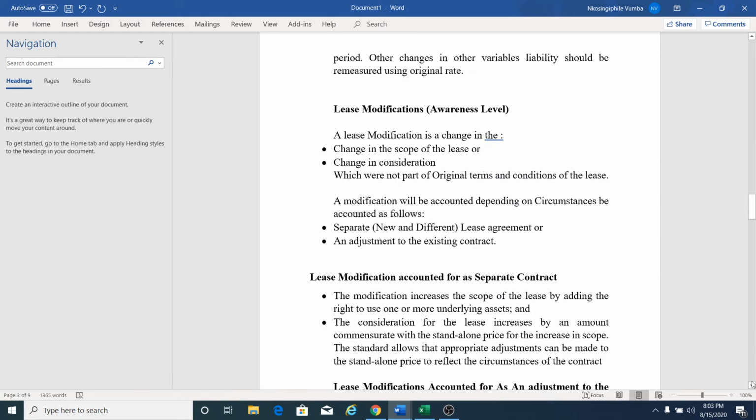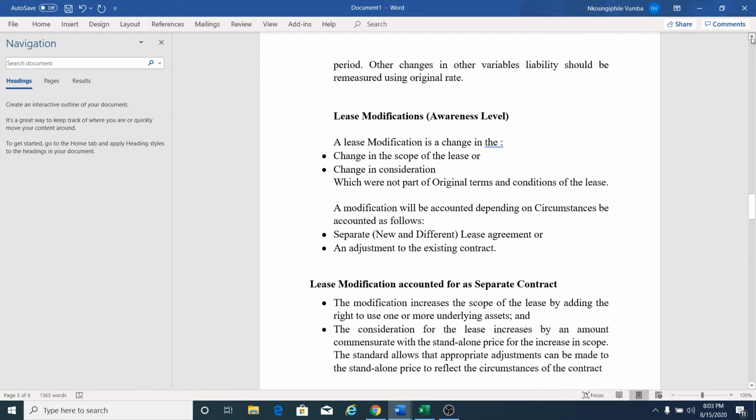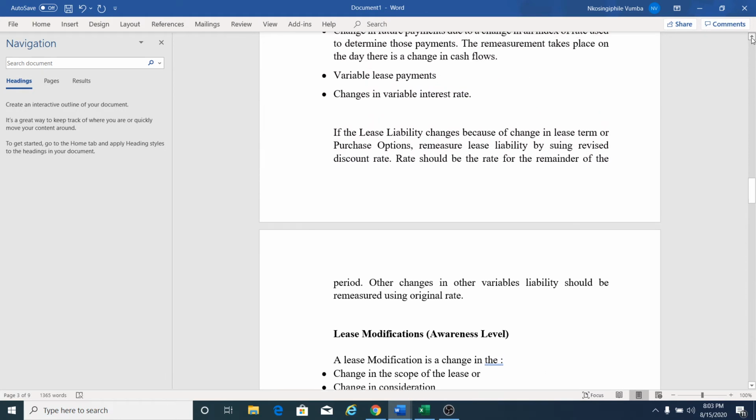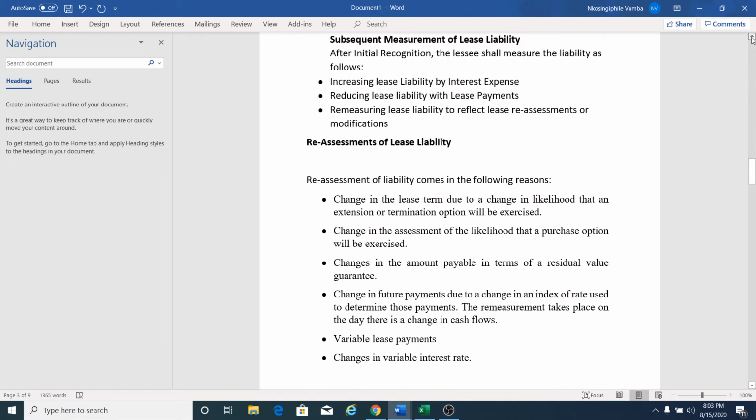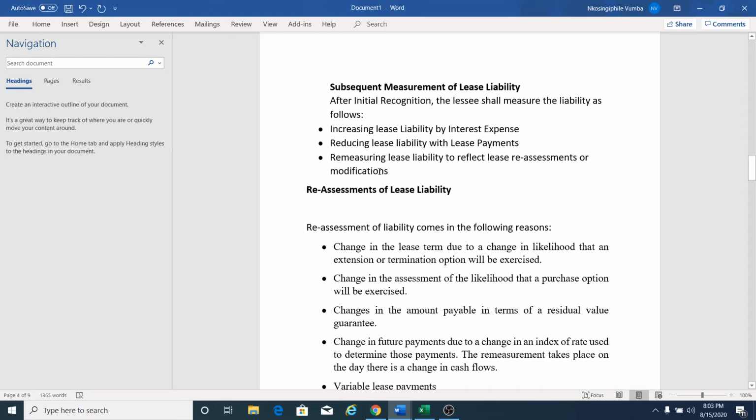Now let's talk about the subsequent measurement of the lease liability. So after initial recognition, okay, the lessee shall measure the liability as follows.